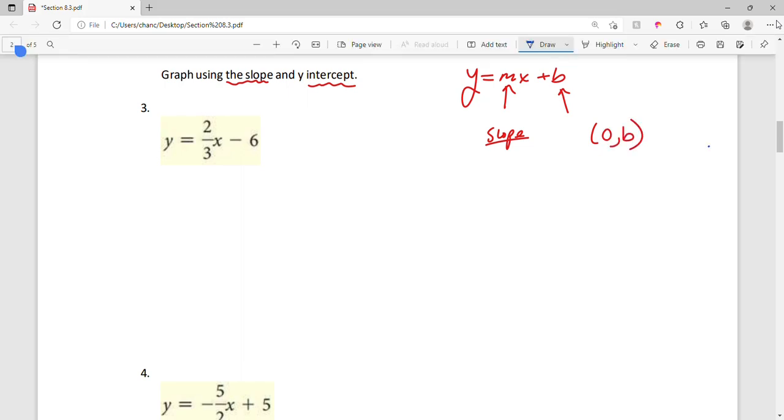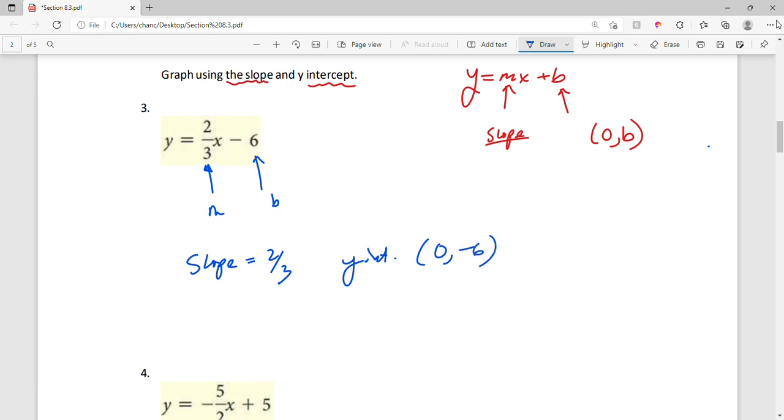To solve these questions, we have to get it into slope-intercept form first, and this is great. The equation is already in slope-intercept form. So the m is 2/3 and the b is -6. The slope is 2/3 and the y-intercept is the ordered pair (0, -6).